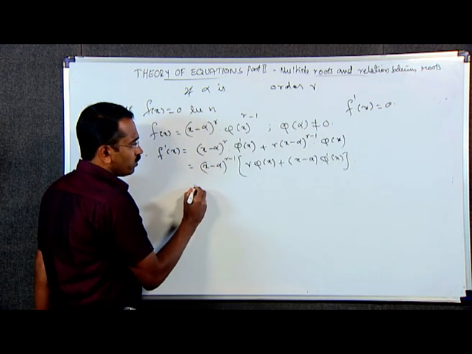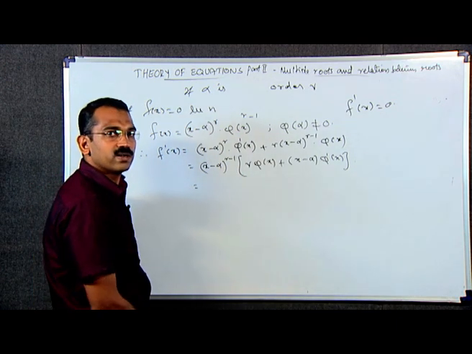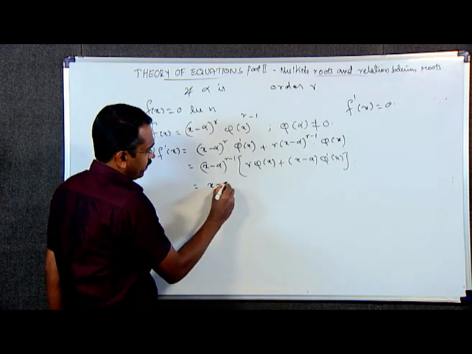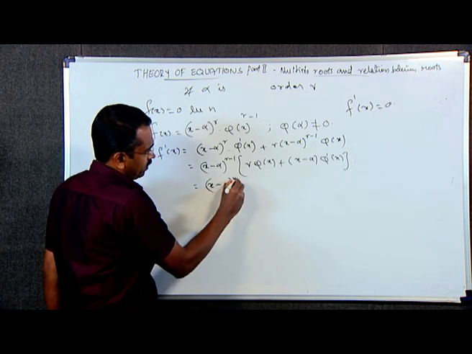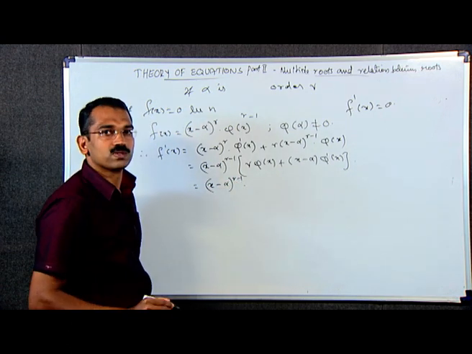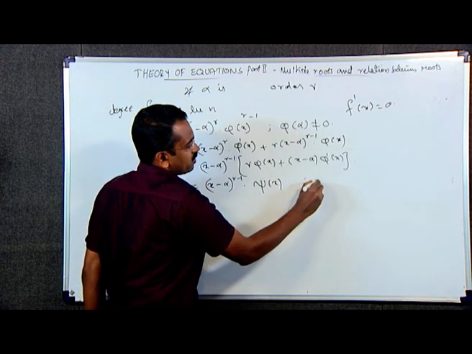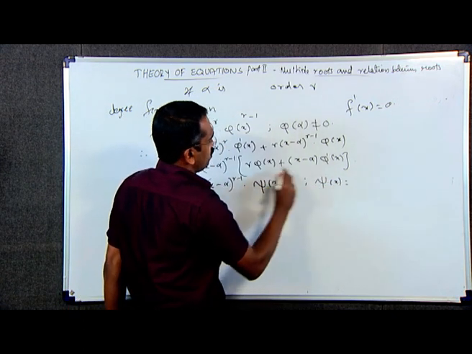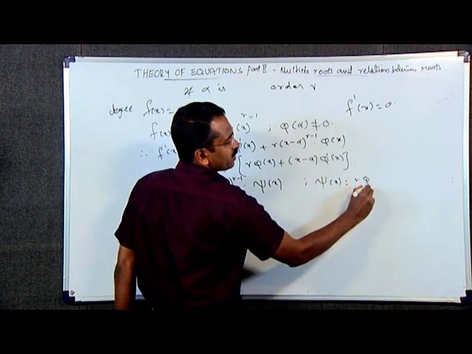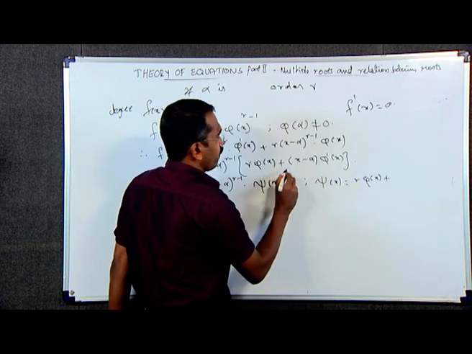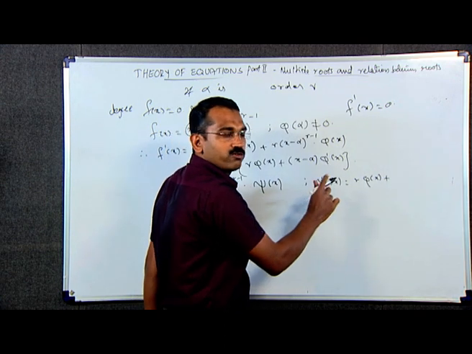This is equal to x minus alpha raised to r minus 1 into some psi of x, where psi of x is this function r into phi of x plus x minus alpha into phi dash of x.